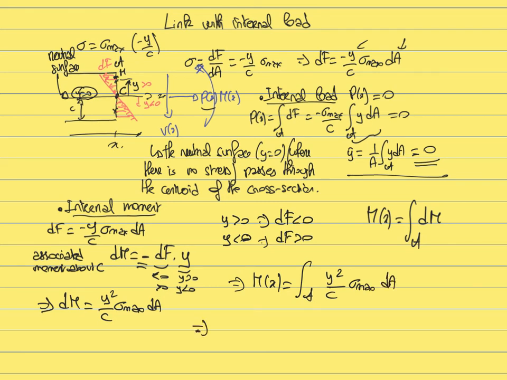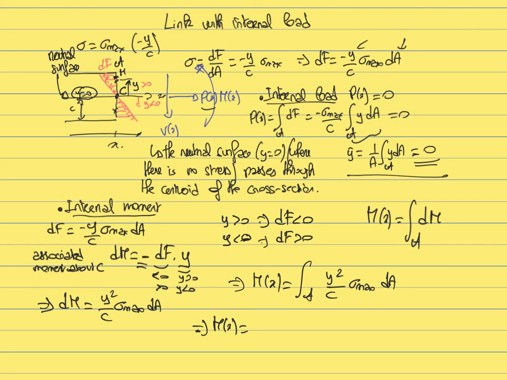So if I look at what can I take out of the integral, so I have M of x, y squared, so y depends on where the point M is, since y is the vertical position of M, so I cannot take it out of the integral. So what do I have? c is the distance between the very bottom of the beam and the neutral surface.